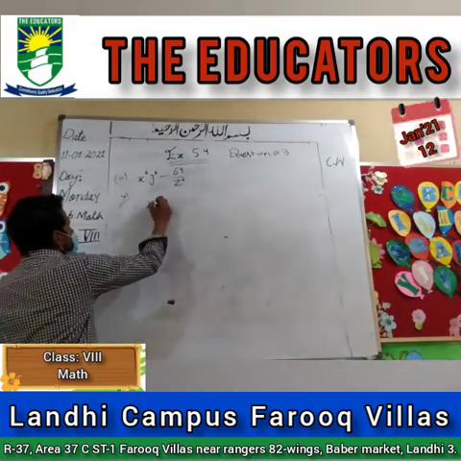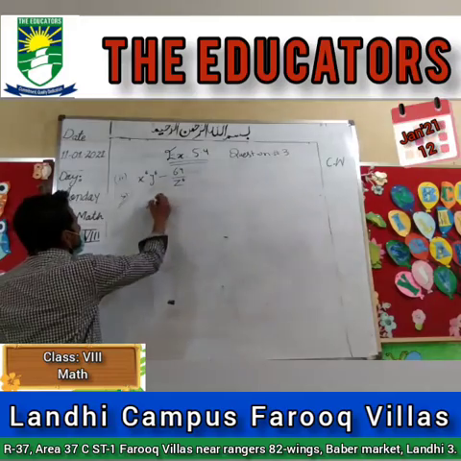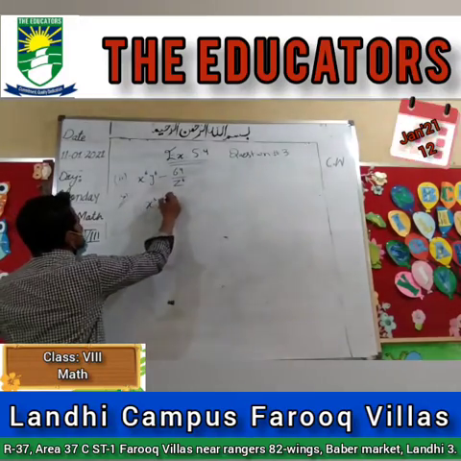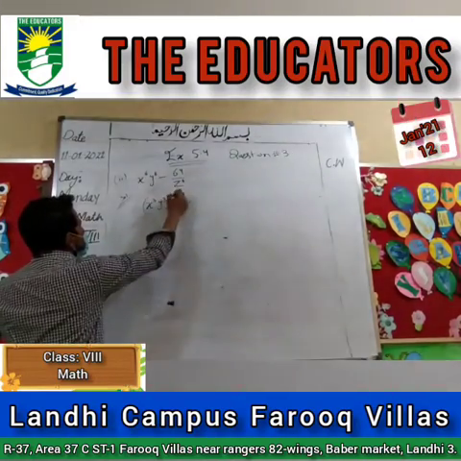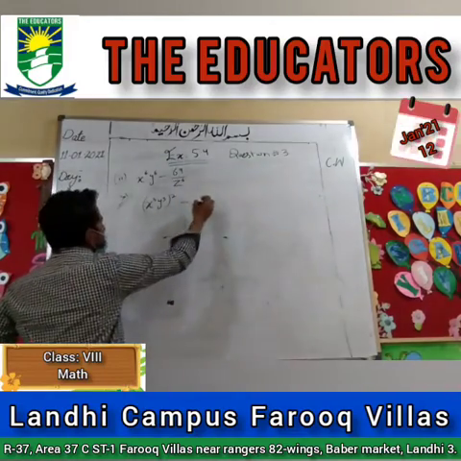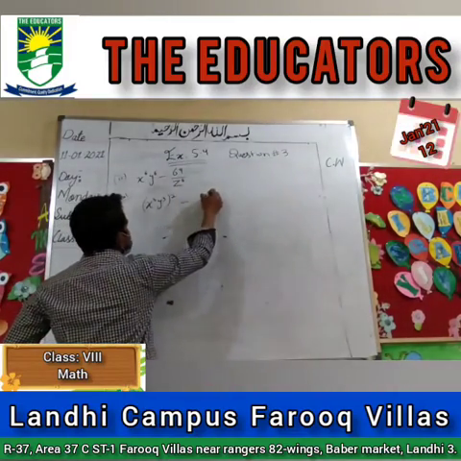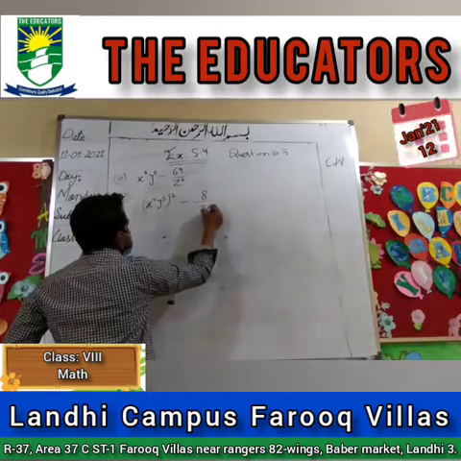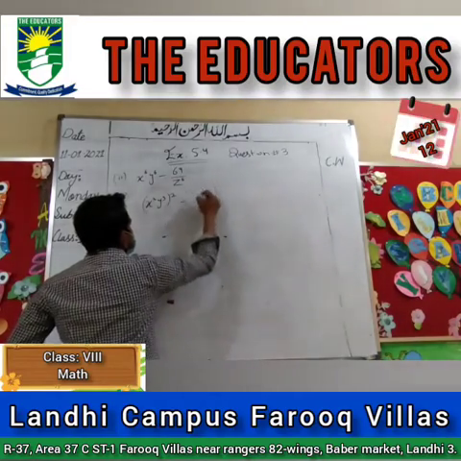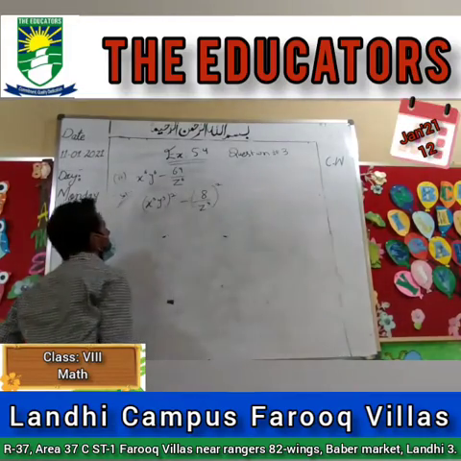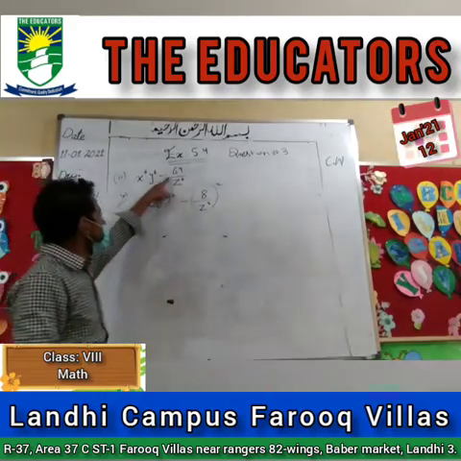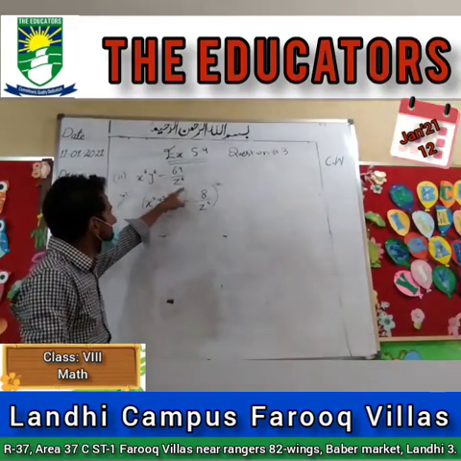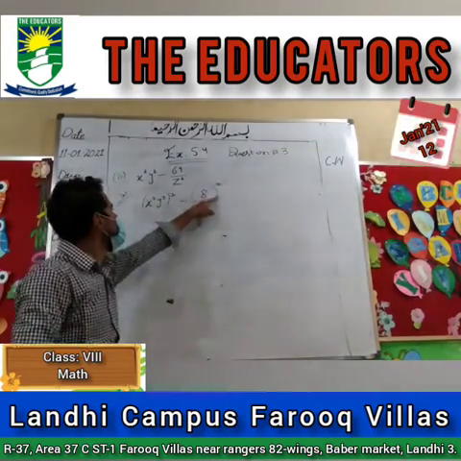The first term can be written like this, and the second term can be written like this. Okay. 64 can be written as the square of 8, and z^6 can be written as the square of z cube.